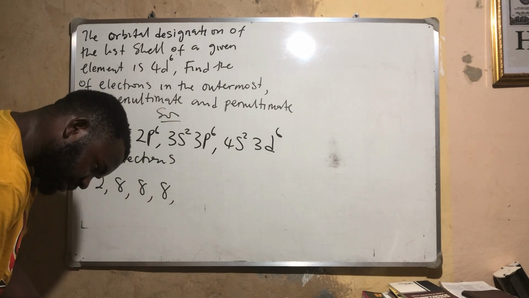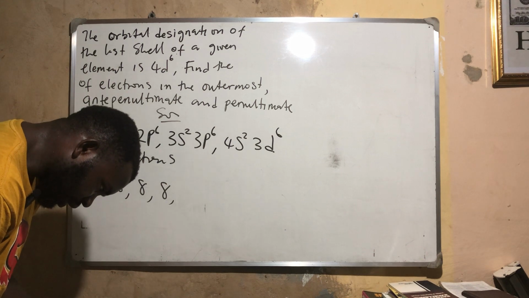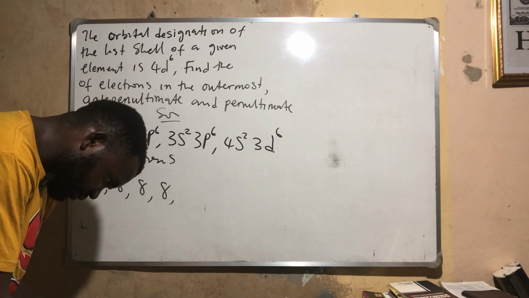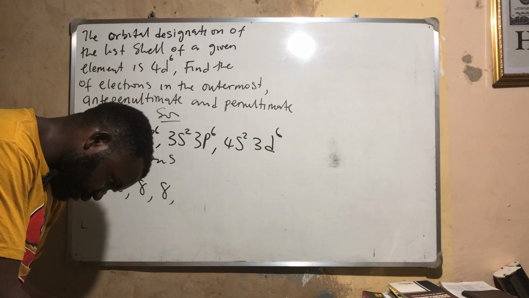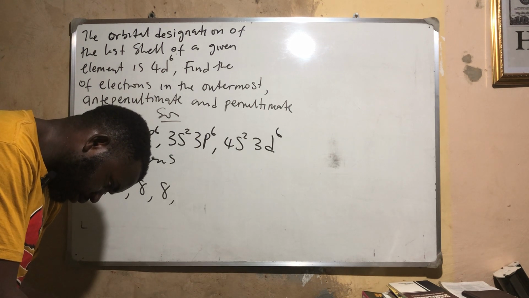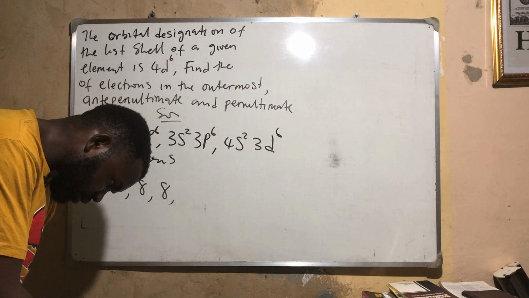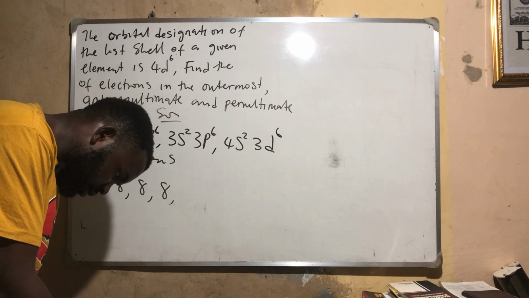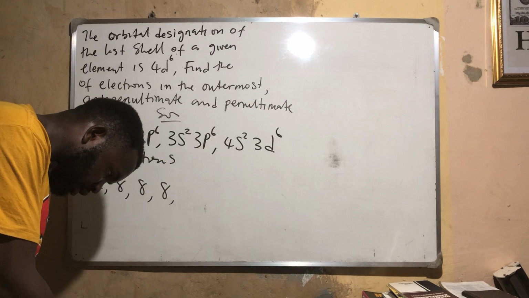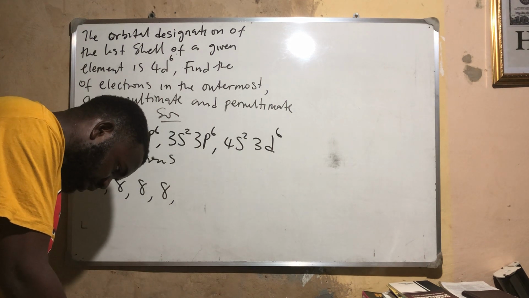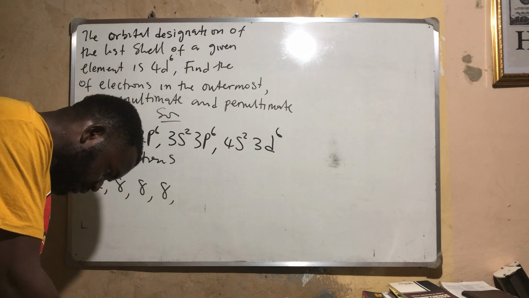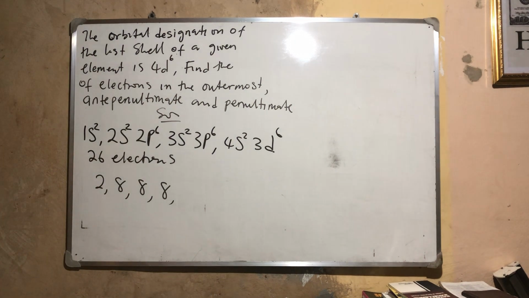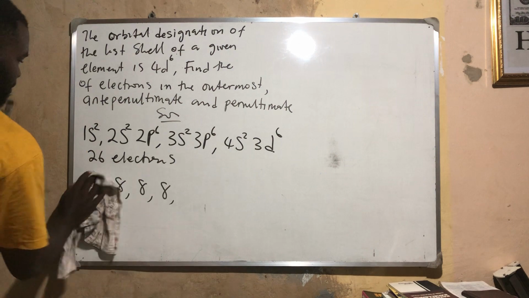Let me check. Okay, the outermost shell is 2. That is the orbital with the highest quantum number. Oh, okay, so this is not correct.